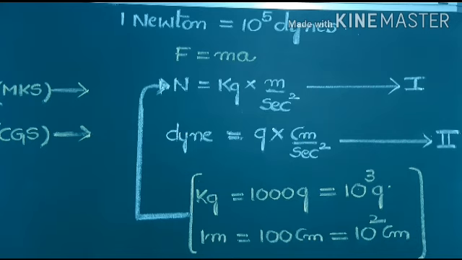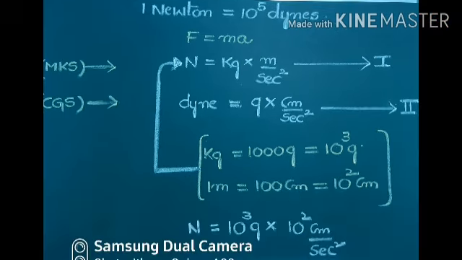These two values I am going to substitute into equation number 1. What have we taken? Newton equal to kg into meter per second square. I am going to substitute 1 kg equal to 10 cube grams and 1 meter equal to 10 square centimeters into equation 1.